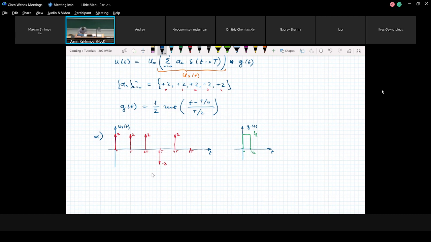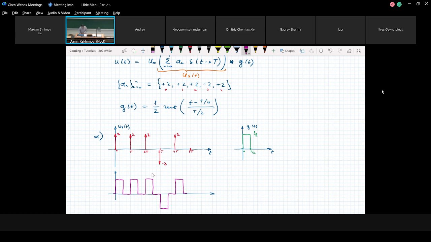This gives a sequence of rectangular pulses: the first rectangular pulse, the second, the third, and the fourth.